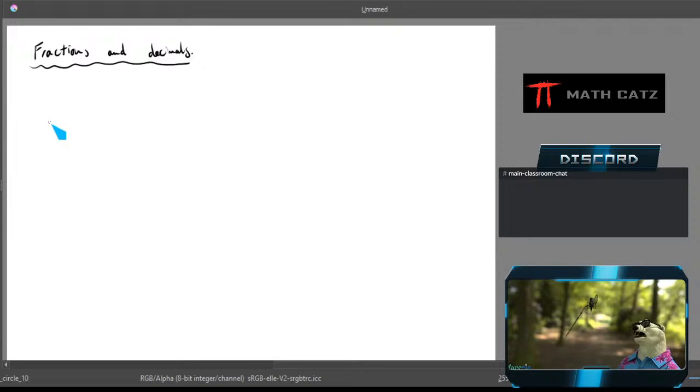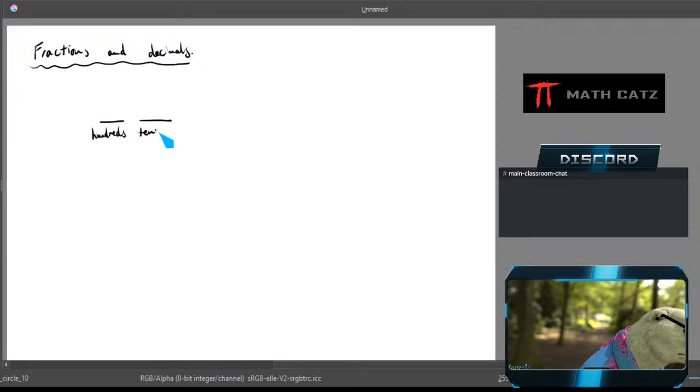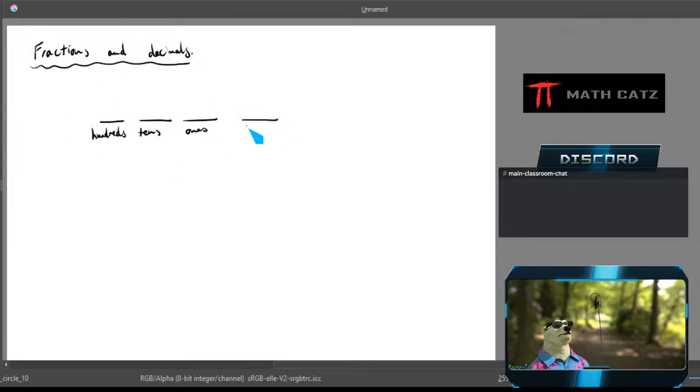So if I just do this by example, well, not first, let me just set this up. If we just look at integers, we have our hundreds place, hundreds and tens and ones, and then we can go smaller, still based on 10, and have tenths. And then we separate that by our decimal point.